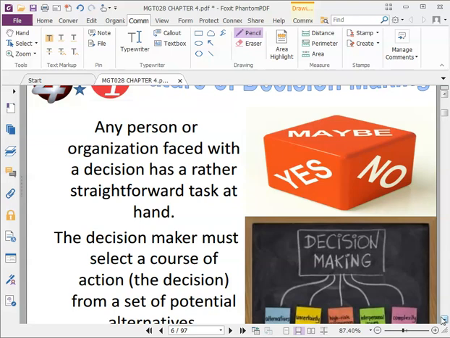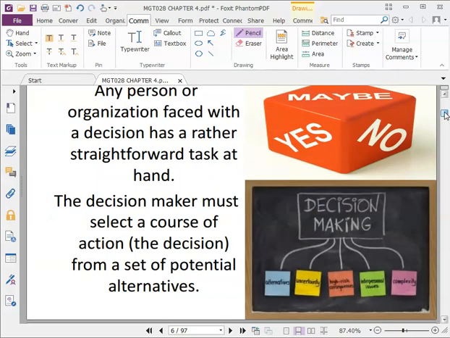Setiap hari kita akan berdepan dengan situasi, kita kena buat keputusan. Itu maksud dia. The decision maker, kita lah orang ya, must select a course of action, the decision, from a set of potential alternatives. So, kita ada banyak alternatif.